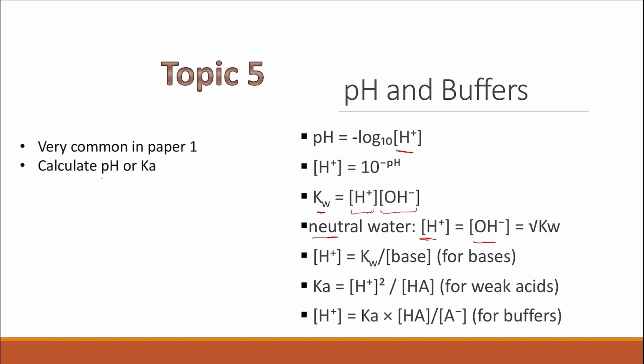And then for weak acids, we know the dissociation constant for the acid, the Ka, will equal the concentration of the hydrogen ion times the concentration of the anion divided by the concentration of the acid. Normally, we take the concentration of the acid as the initial concentration, even though we should be using the equilibrium concentration.